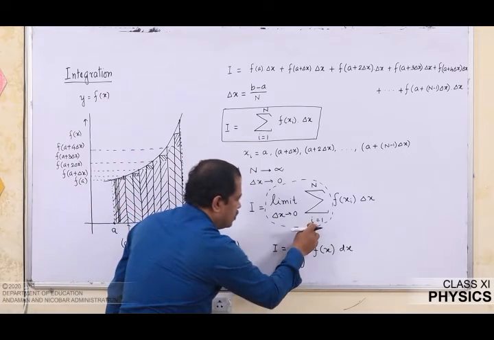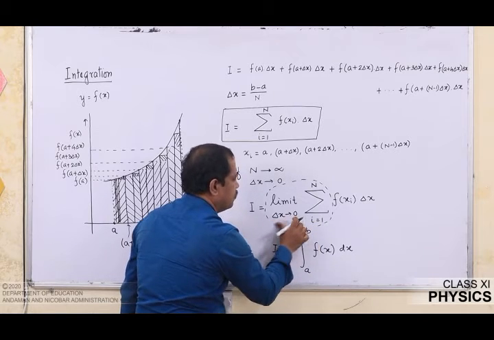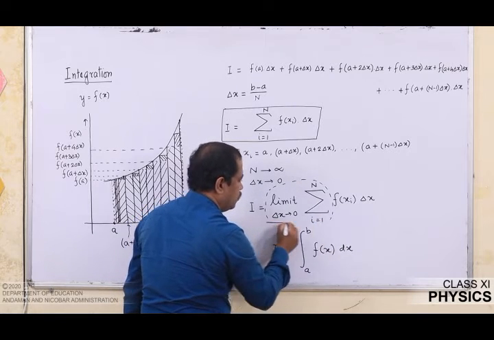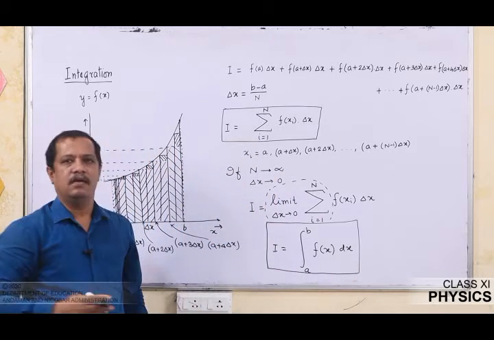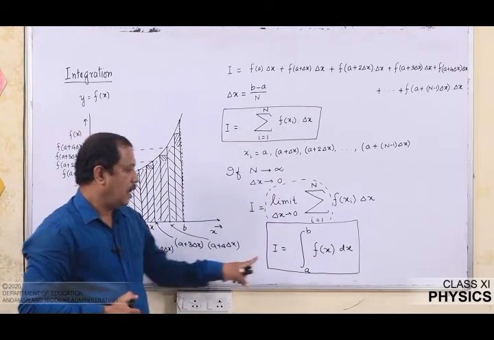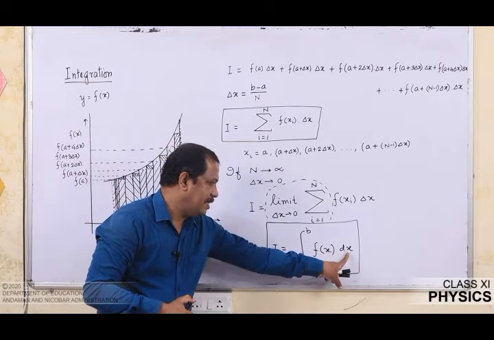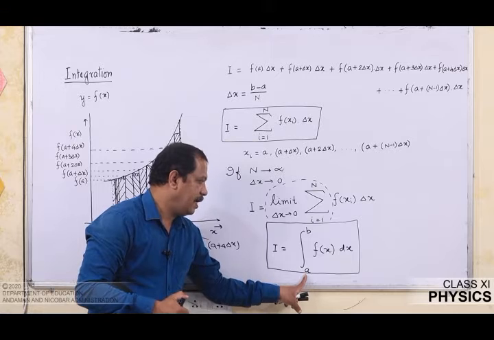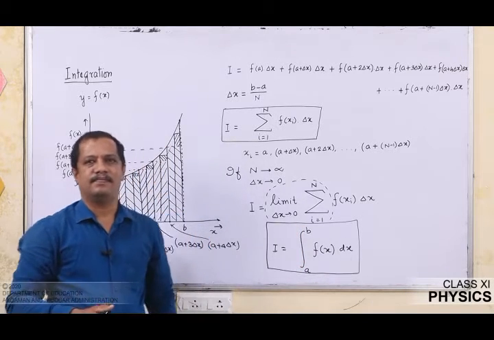In that case, the limit we specify here happens to be a to b. Therefore this is the symbol, and hopefully you understand the meaning. So, when we write I is equal to integration of f of x dx within limits a to b, this is called lower limit, this is called upper limit.